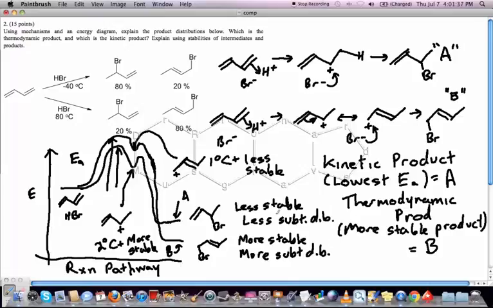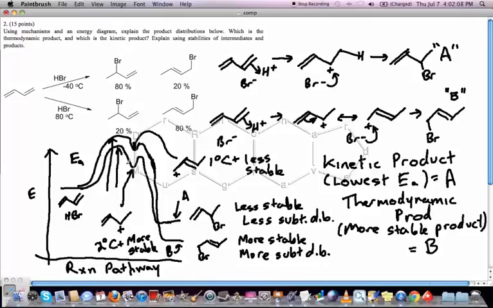This allows us now to explain why we get this distribution of products. So what I can tell you is this: at low temperature, what's going to happen is the reaction will struggle to get over these activation energies, and it will go pretty much for the lower of the activation energies because there's less energy available in the surroundings to allow this reaction to occur.